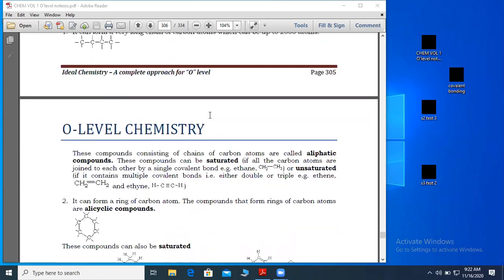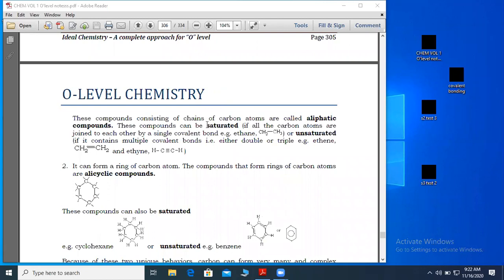So I want to take you directly to what we call saturated and unsaturated compounds. Now, when you are doing organic chemistry, you remember that carbon has a valence of 4. Carbon has got a valence of 4.